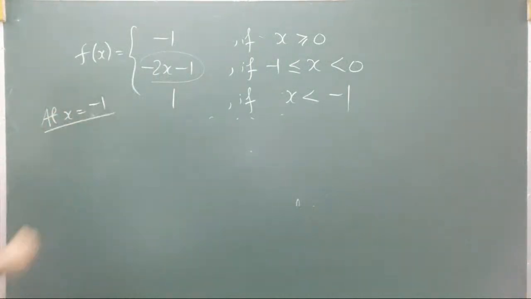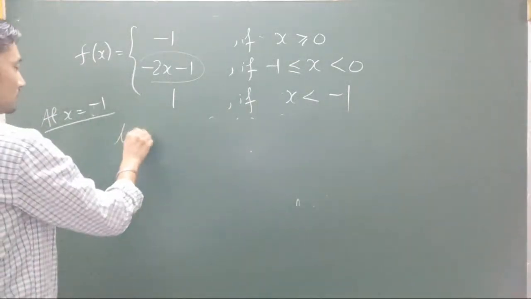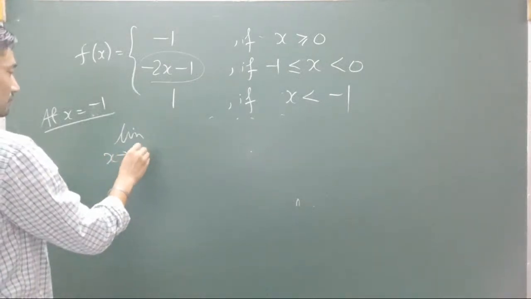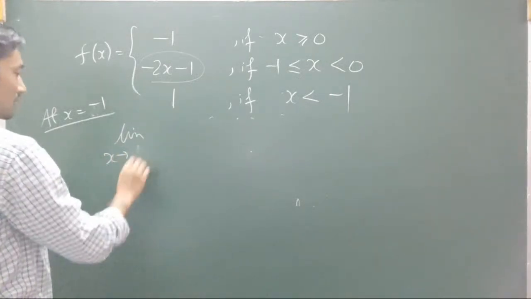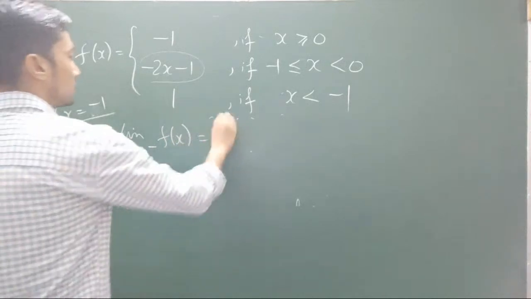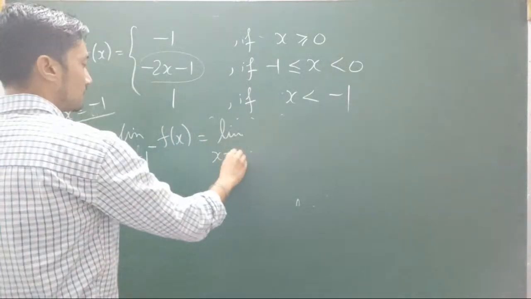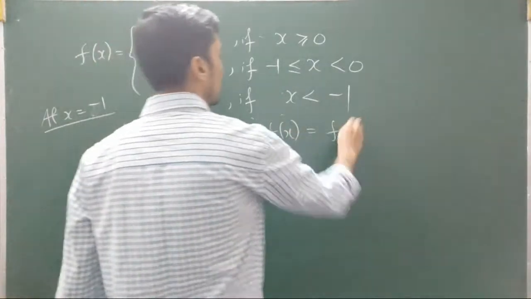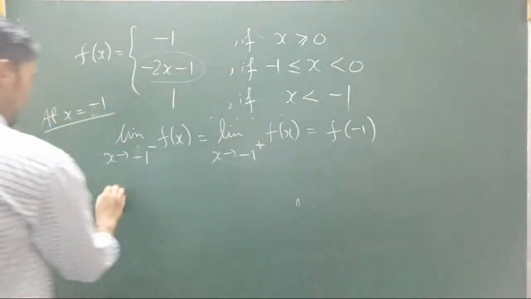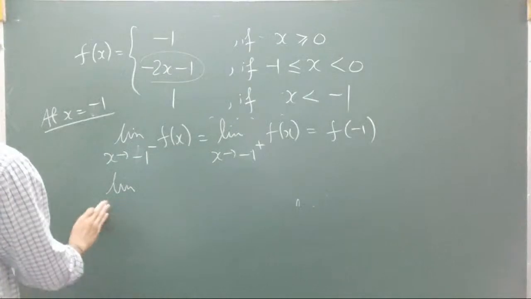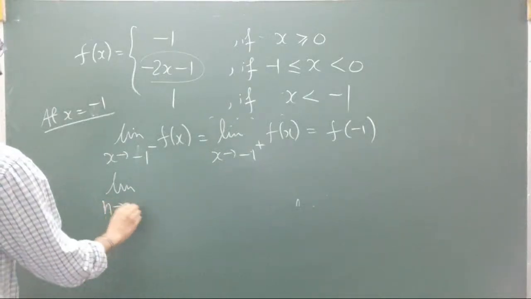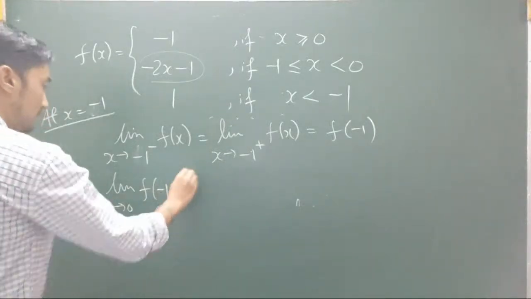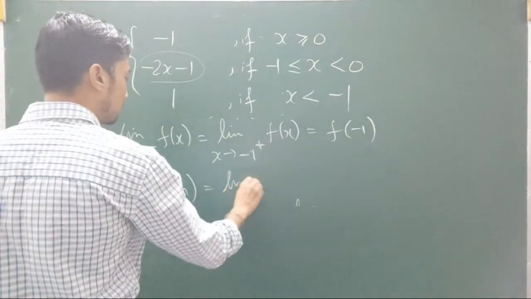Minus 1. Let's continue. Minus 1. Limiting value as x tends to minus 1 minus f of x equals limiting value as x tends to minus 1 plus f of x, I mean slightly greater than f of minus 1. This will be, of course, limiting value as h tends to 0, f of minus 1 minus h, because our point is minus 1, remember.